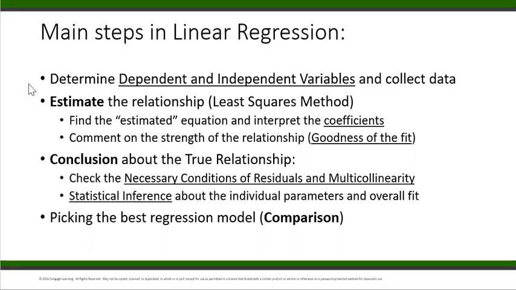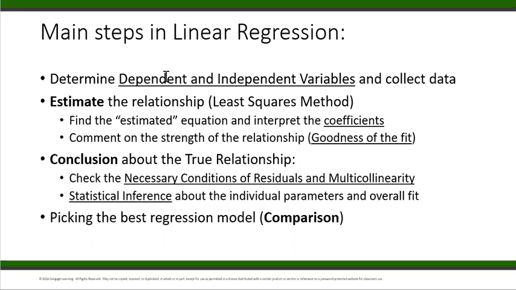You need to know what is your dependent variable and what are your independent variables, the variables that you're going to use to make prediction about your dependent variable. Then you can go ahead and collect sample data, which is in our case, in our course, usually provided to us. So we don't need to really go and collect data. Data is already given to us, but determining dependent and independent variables, it's up to us.